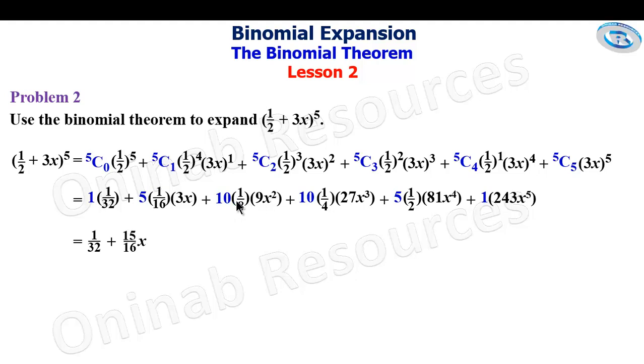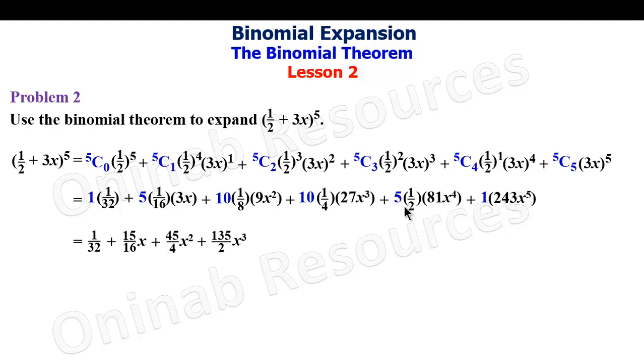Then this is going to give us here 5 over 4, because 2 goes into 10 to give us 5, 2 goes into it to give us a 4, so the 5 times 9 will give us 45 over 4, then x squared plus 2 here, this is 5, 2 will go here to give us 2, so 5 times 27 is 135 over 2, then x raised to power 3.